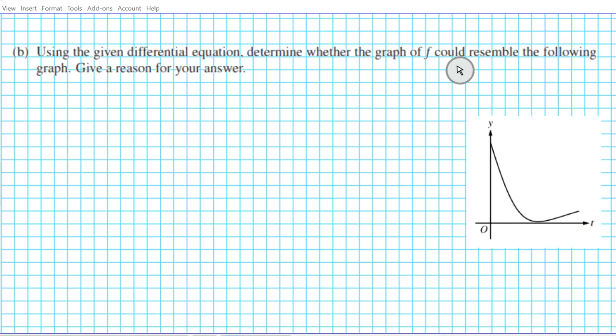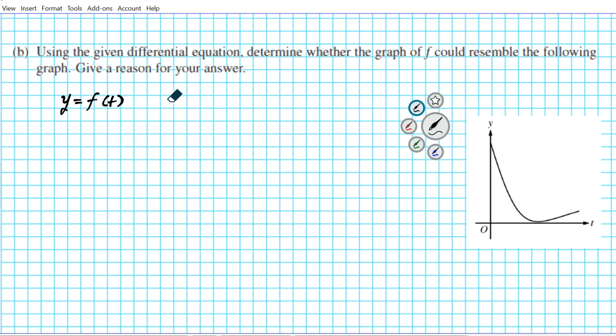All right, let's look at the B part. It says using the differential equation, determine whether the graph of f could resemble the following graph. Give the reason for your answer. Okay, so we know that in the problem we're given the function y equals f of t, and we had the differential equation.